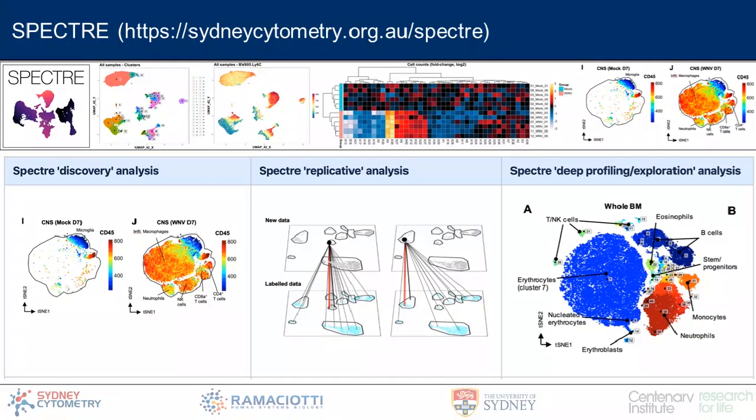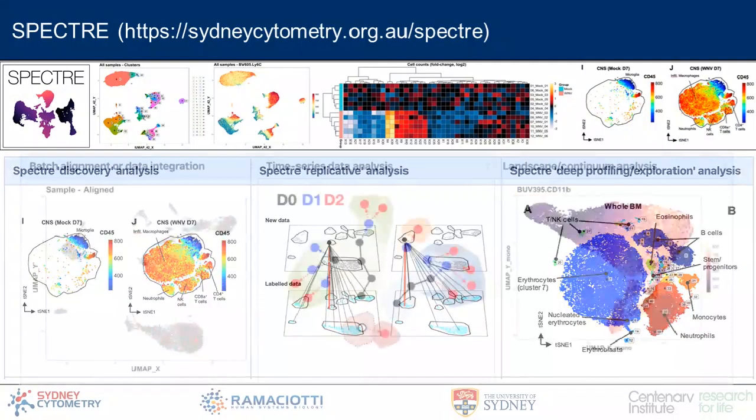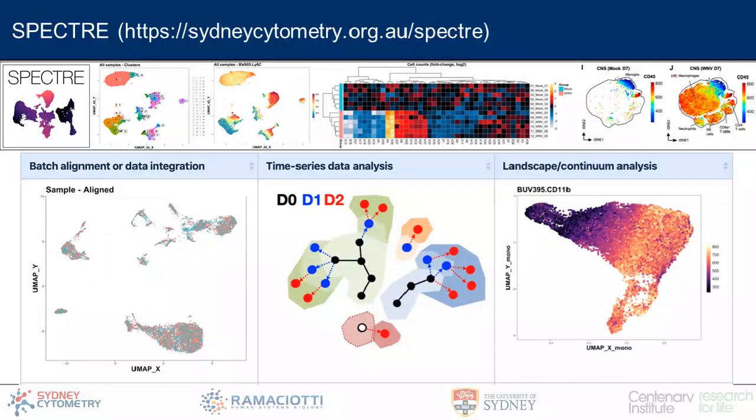But sometimes we might want to perform what we call broadly a replicative analysis, where we're trying to replicate a type of analysis across multiple samples, or other deep profiling types of analysis. But then there's other more specialized things, batch alignment or data integration, time series analysis, and things like this.